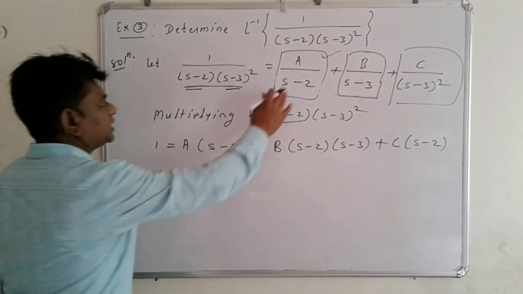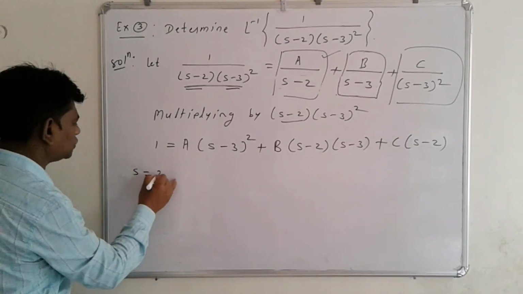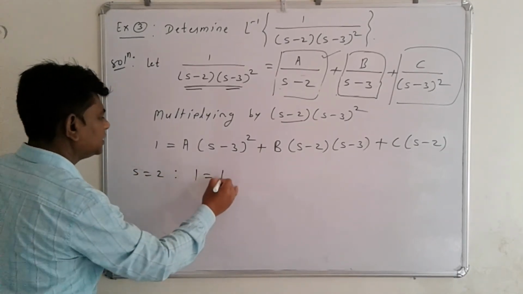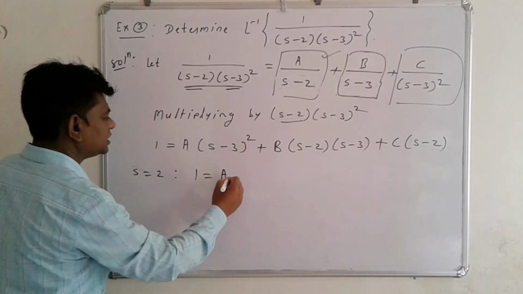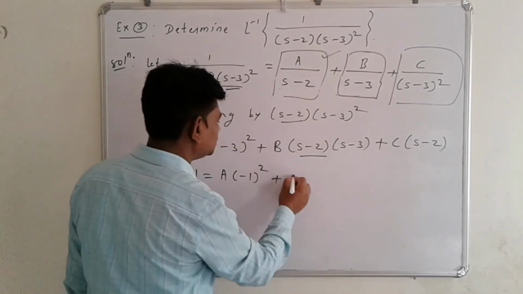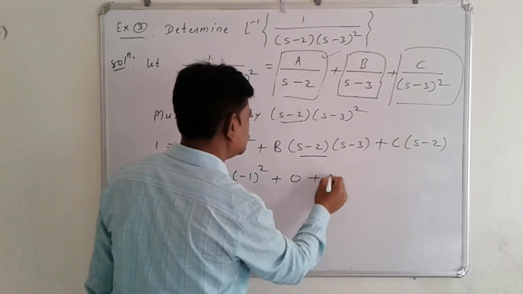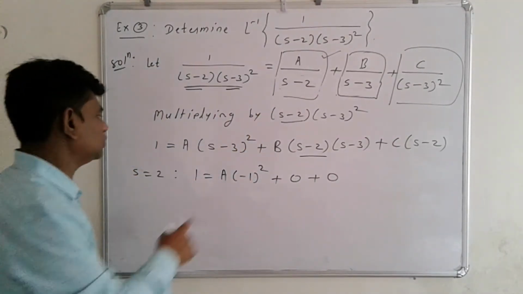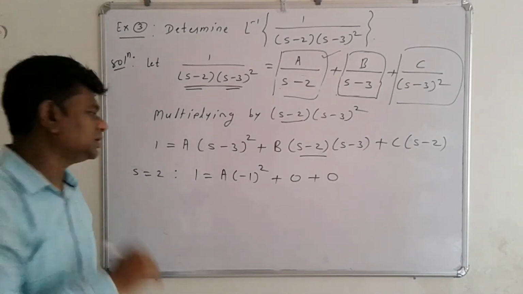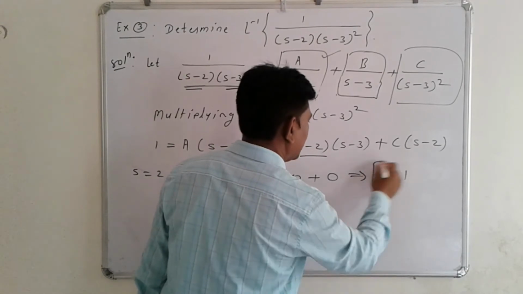Now by substituting s minus 2 equal to 0, that means s is equal to 2, this 1 is A times (2 minus 3) whole square, plus since s minus 2 is 0 the second term is 0, and the third term is also 0, and minus 1 square is 1, therefore this implies that A is equal to 1.